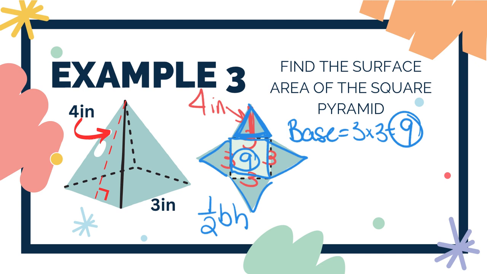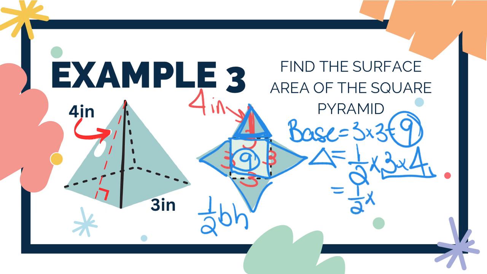So the area of the triangle, I'm going to draw a triangle, is 1/2 times the base, which is 3, times the height, which is 4. 3 times 4 is 12, and 1/2 of 12 is 6.